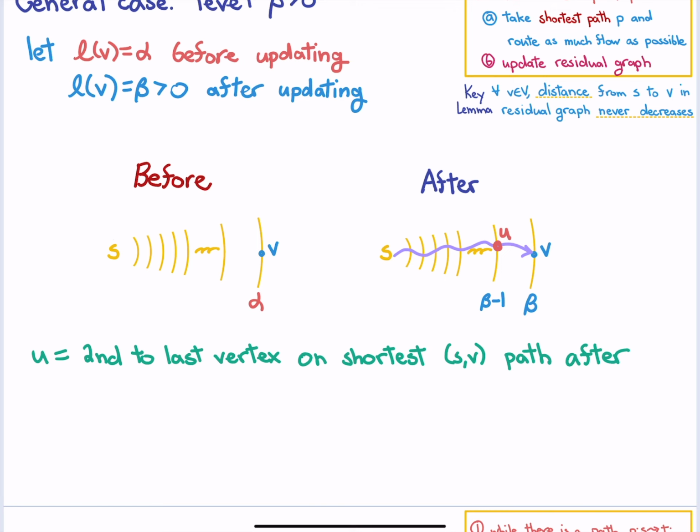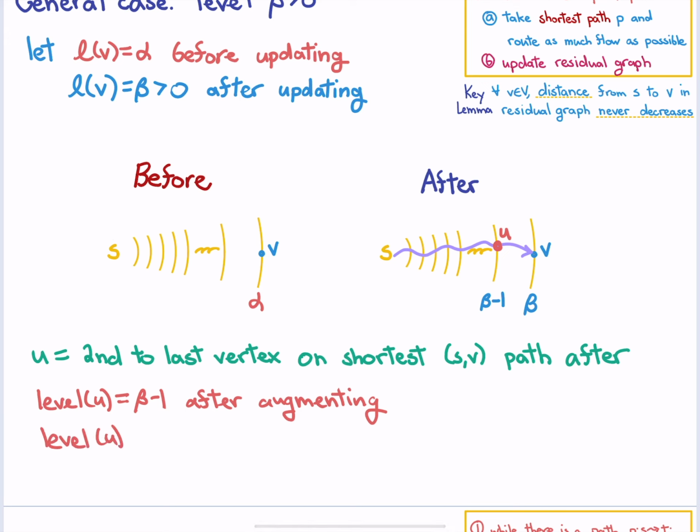So we know that level U has to be equal to beta minus 1 exactly after augmenting. Which means that level U is at most beta minus 1 before augmenting, by induction on the level.